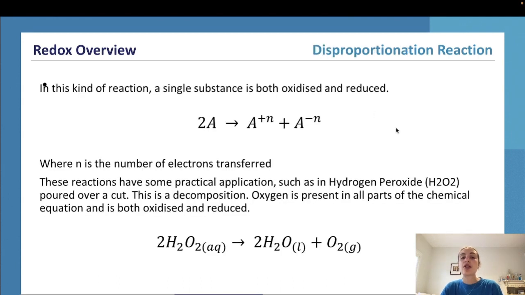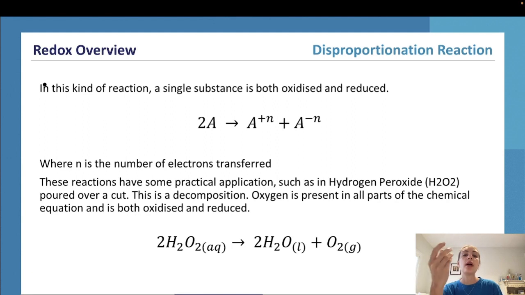Our final reaction that we're going to look at is called a disproportionation reaction. In these types of reactions, you've got a single substance that is being both oxidized and reduced at the same time. This is like this example here where we've got 2A makes A plus a number and A minus a number.